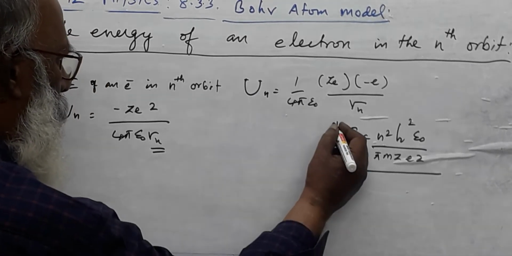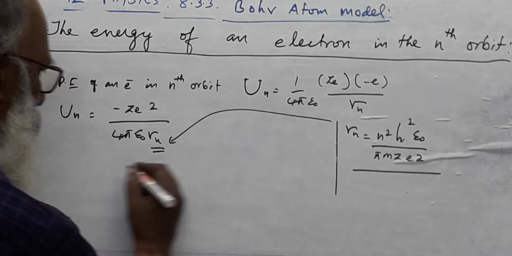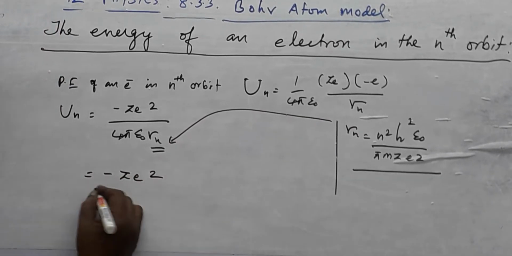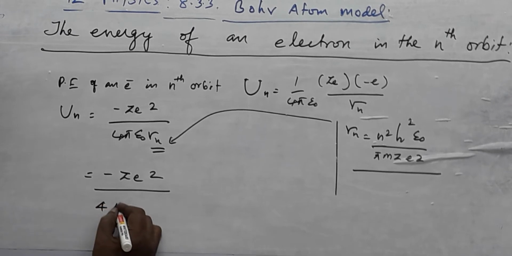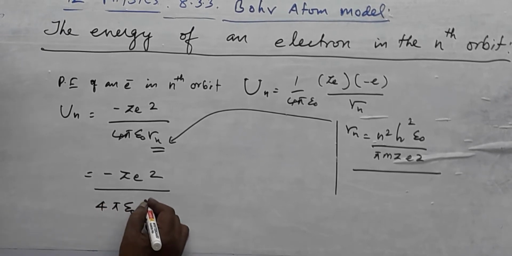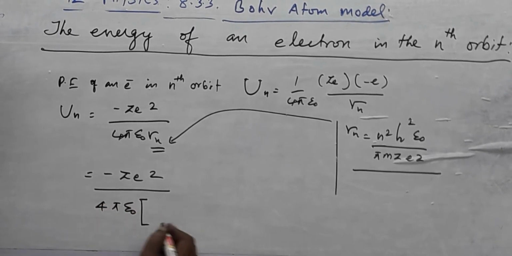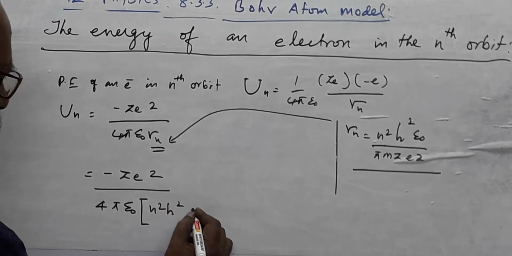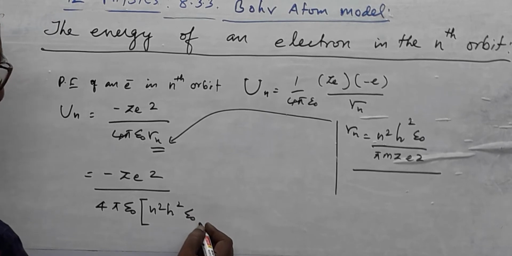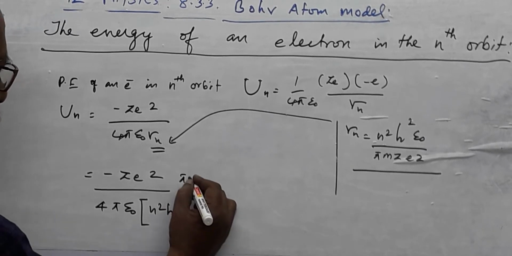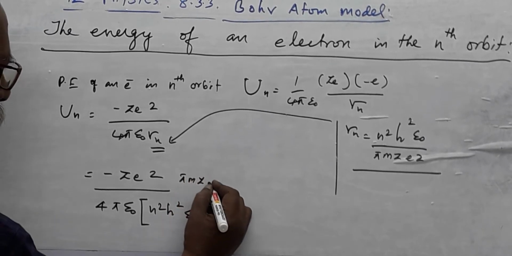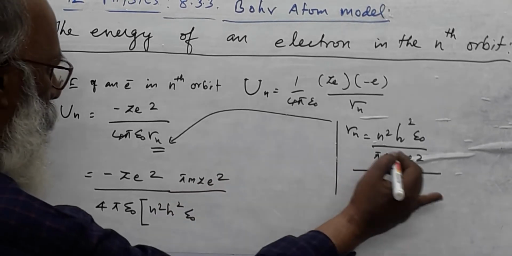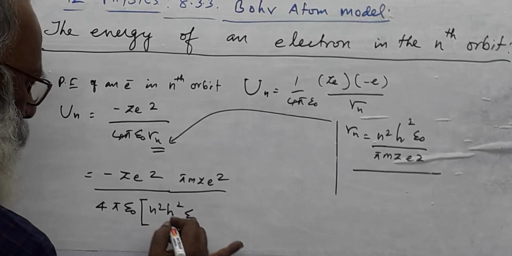Substitute this value here. Then we have minus Z e square divided by 4 pi epsilon naught, and instead of Rn, substitute n square h square epsilon naught divided by pi m Z e square. Are you clear?